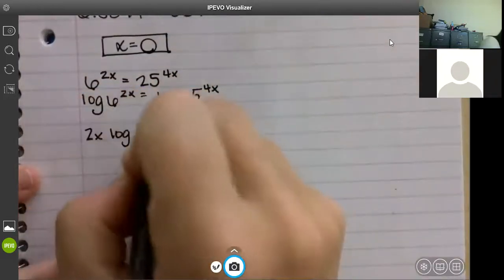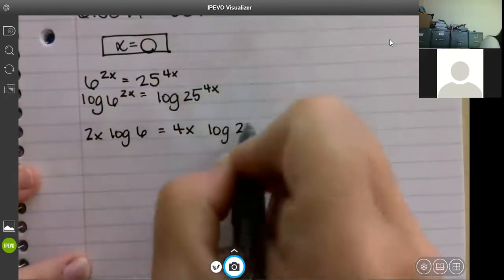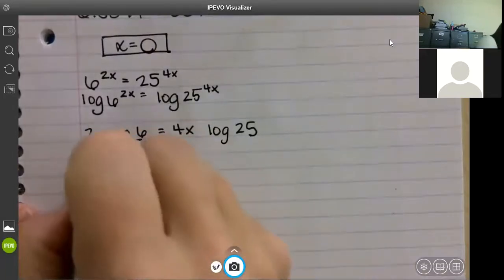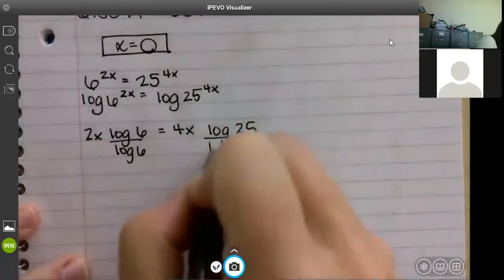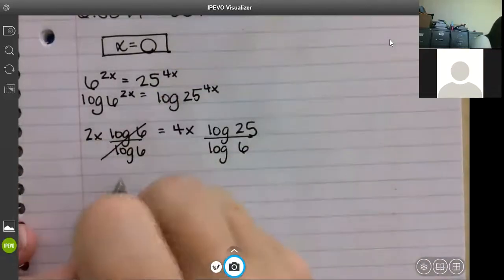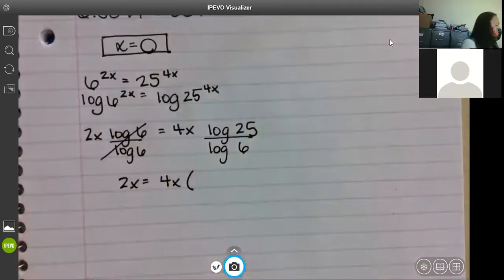So 2x log 6 equals 4x log 25. What do I do now? And you could divide by log 25. It doesn't matter which one you want to do. It's up to you. So this leaves me with 2x equal to 4x times.